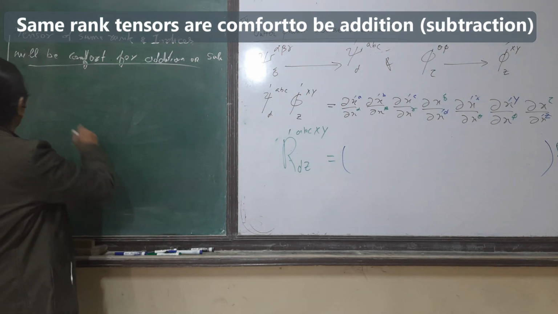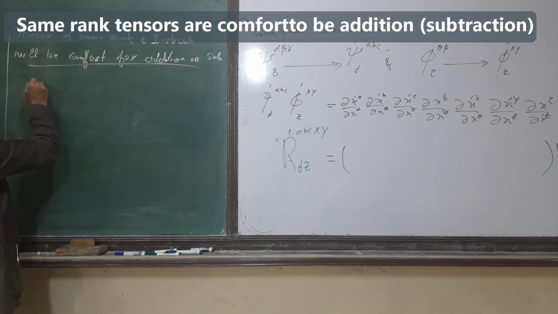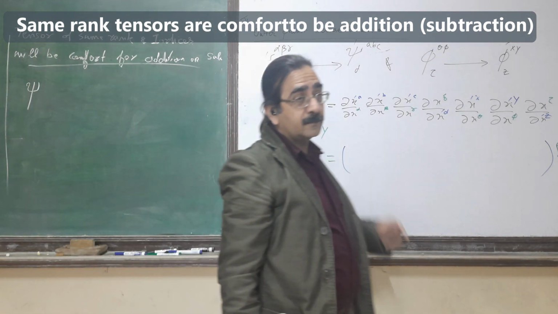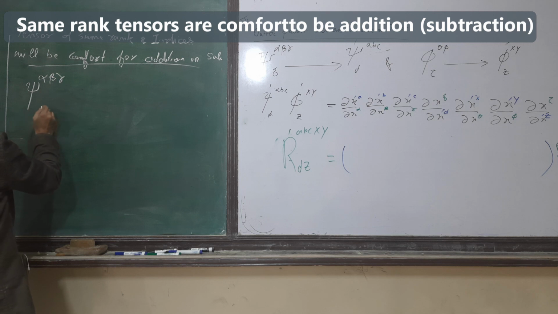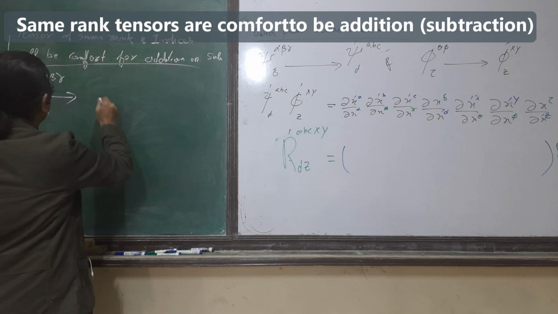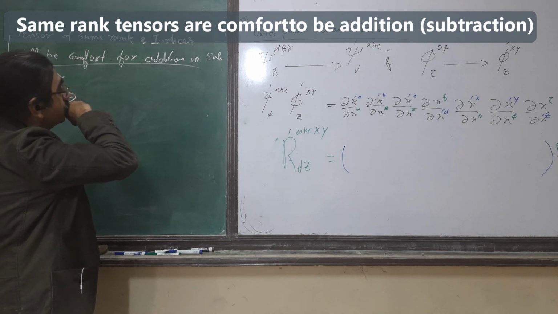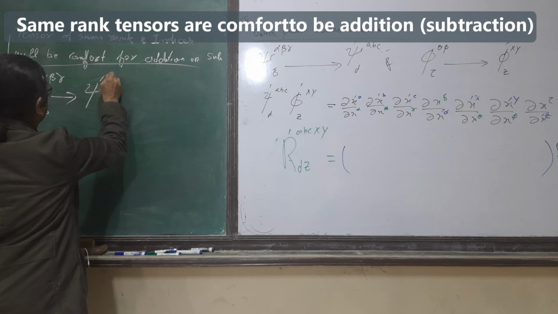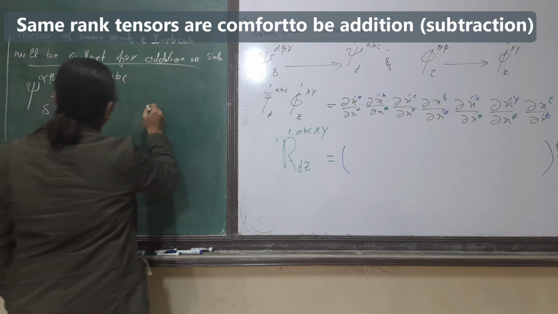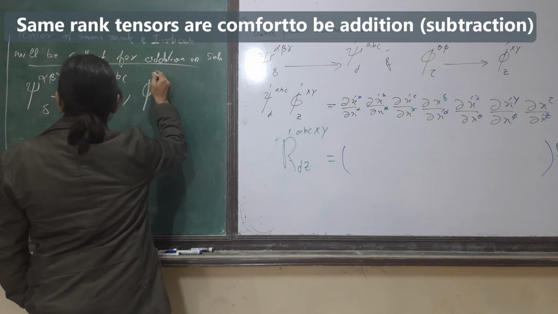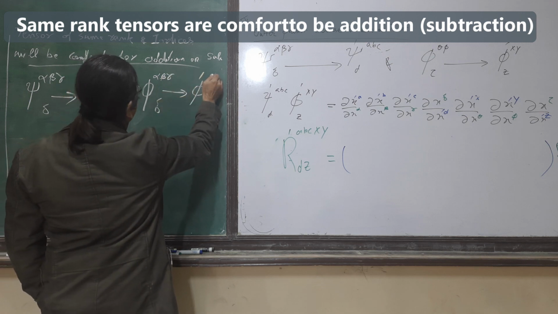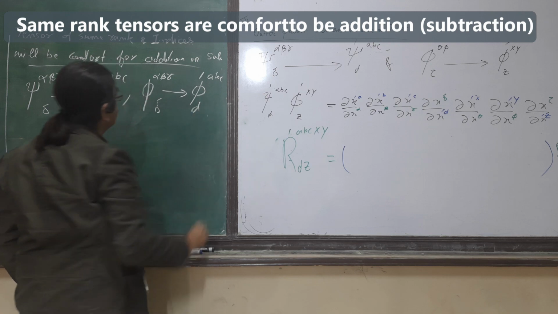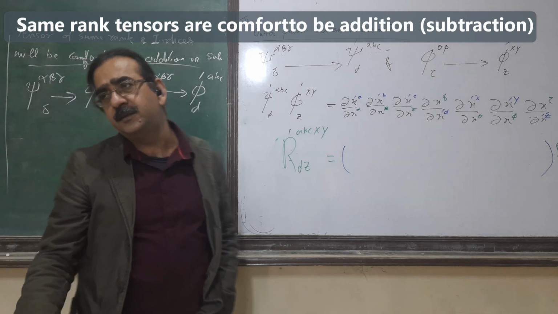Meaning, if you have two tensors, for example psi of alpha, beta, gamma, sigma that is transforming into psi bar A, B, C, D, phi alpha, beta, gamma, sigma. If the indices are the same, they may easily be added or subtracted.